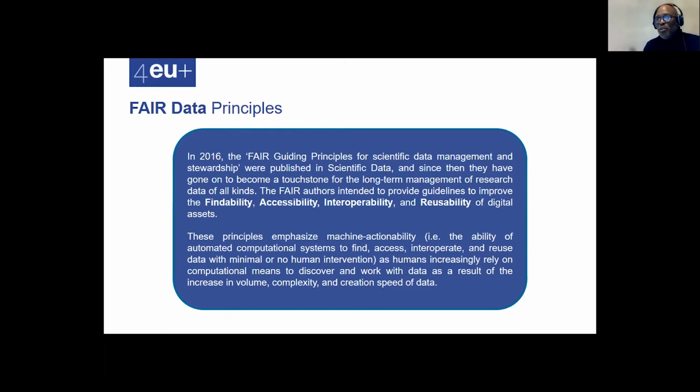For example, the ability to automate computational systems to find, access, and operate and reuse data with minimal or no human intervention. As humans increasingly rely on computational means, and the computational means could be simply a Google search, to discover and work with data as a result of the increased volume, complexity and creation speed of data.